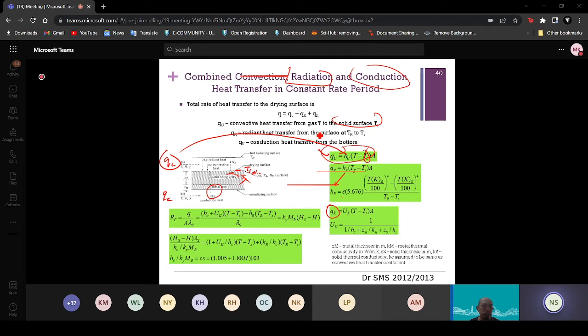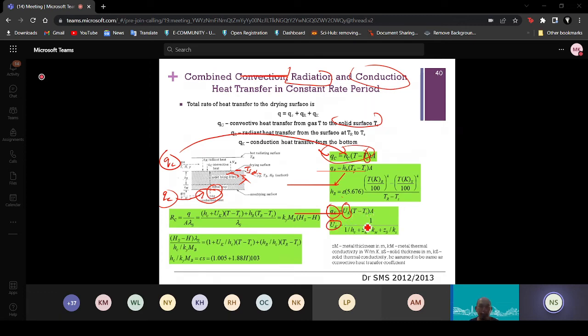Now you will have QC at the bottom, convection, which transfers to the metal, and then you get QK. So this one is together with the metal, conduction. When it is together, you introduce the overall coefficient, UK. Recap your heat transfer: UK (T minus TS) times area.